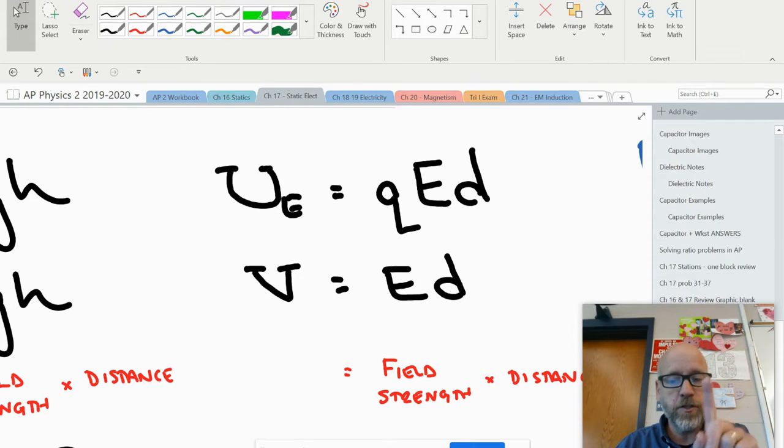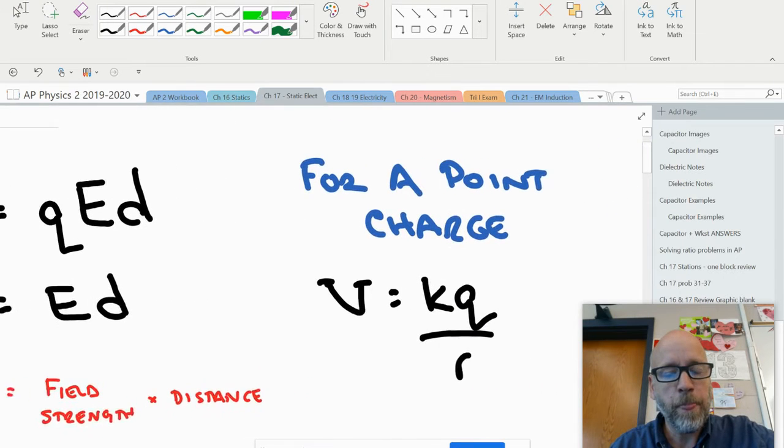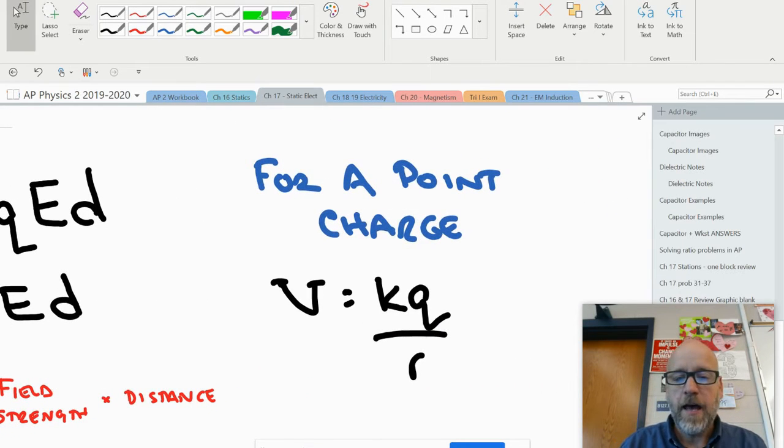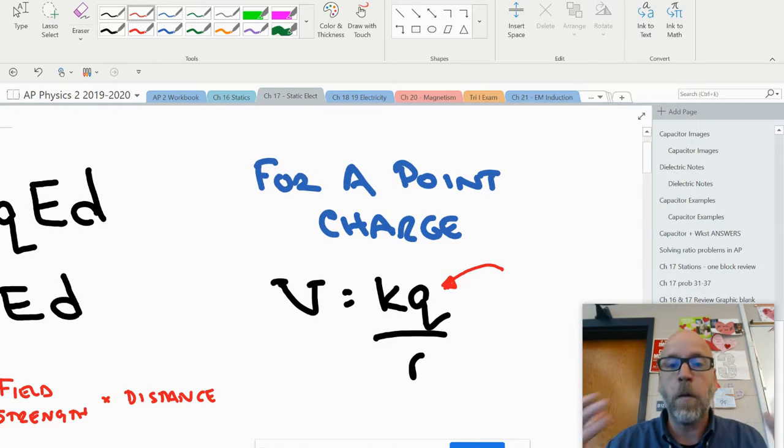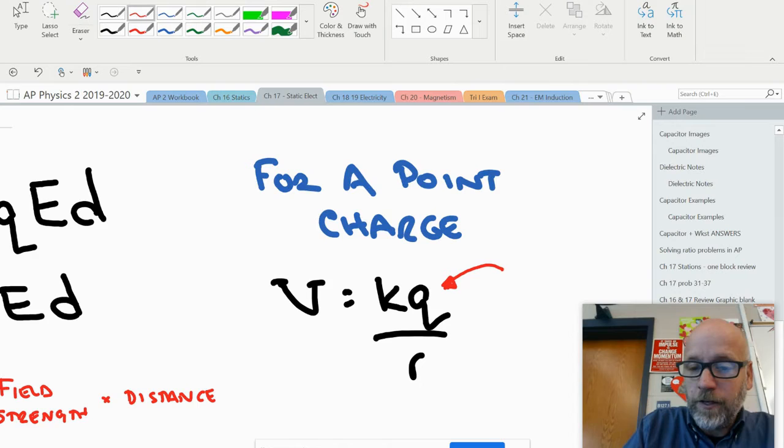For point charges, which is what we're going to focus on a lot in this class, we can rewrite that as the potential equals kQ over r. It's important that if it's a positive charge, you put a positive Q in. It has positive potential. If it's a negative charge creating this potential, then it would have negative potential. So you've got to use the signs.